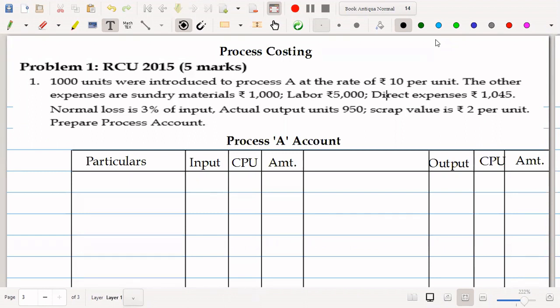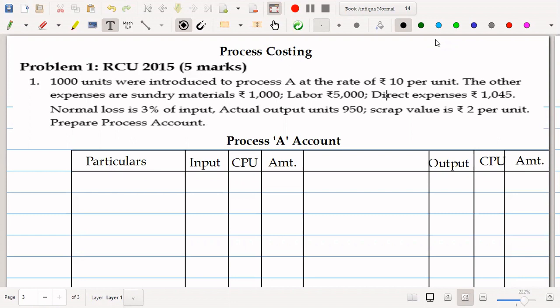The other expenses are sundry materials rupees 1000, labor rupees 5000, direct expenses rupees 1045. Normal loss is 3% of input, actual output units 950, scrap value is rupees 2 per unit. Prepare the process account.